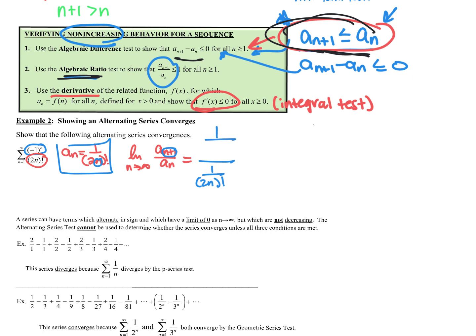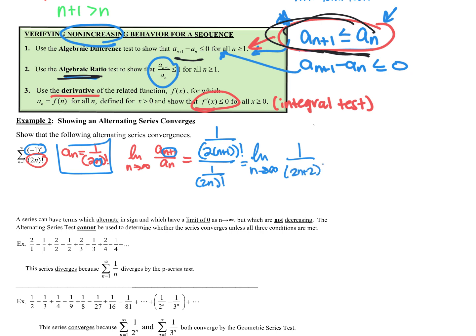We'll do 1 over 2 times n plus 1, and that's all factorial. So first, let's flip and multiply. So we'll have the limit as n approaches infinity of 1 over 2n plus 2.